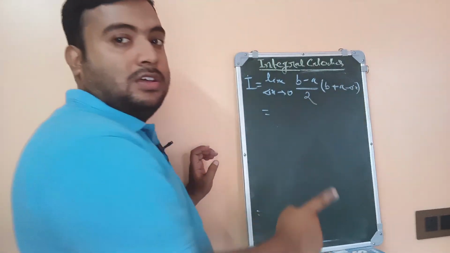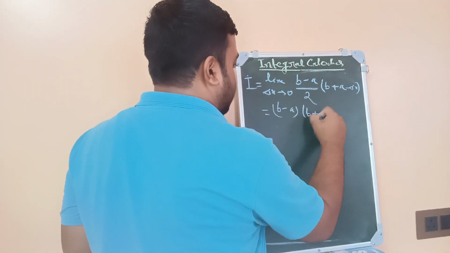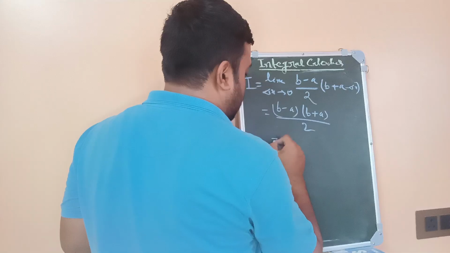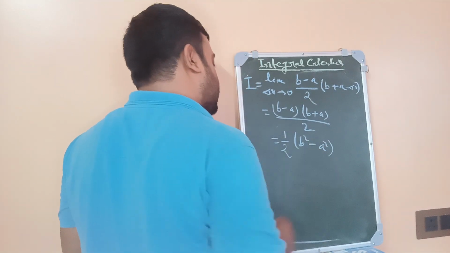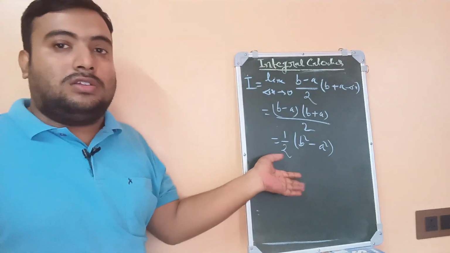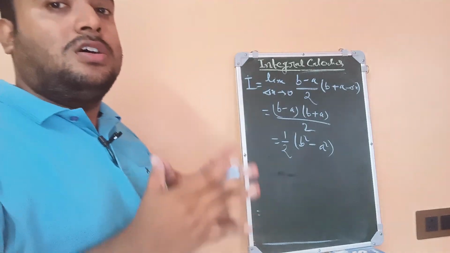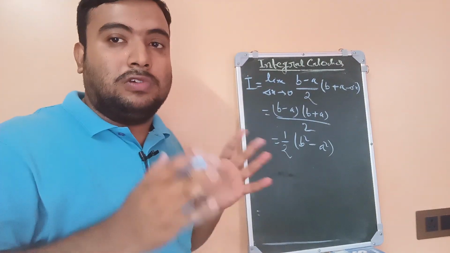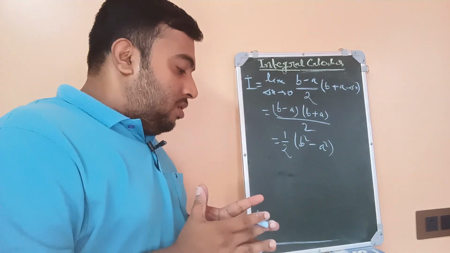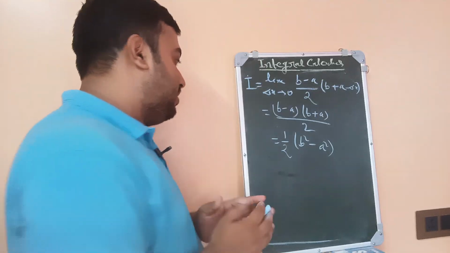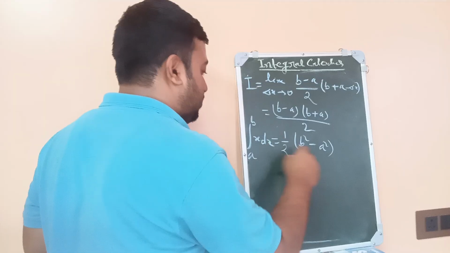So put delta x as 0, so this is (b - a) into (b + a) by 2, that is half (b square minus a square). So this is the area that comes out from the basic definition of integration. But we will not derive like that, we will use the formula, and this is the basic definition. So integration a to b x dx is equal to this.